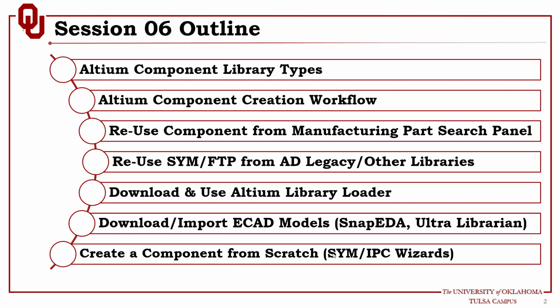And at the end, we will try to learn to create a component from scratch, meaning it's not reuse, we will have to create the symbol, the footprint, and also we'll learn how to use the IPC wizards and so on.